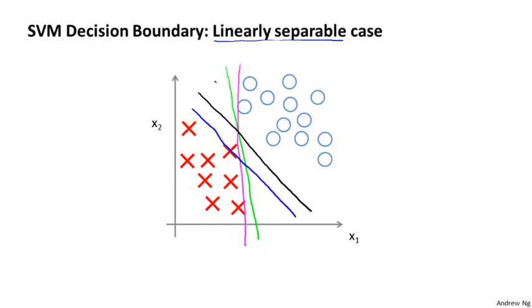But if I draw these two extra blue lines, we see that the black decision boundary has some larger minimum distance from any of my training examples, whereas the magenta and the green lines come awfully close to the training examples, and that seems to do a less good job separating the positive and negative classes than my black line.